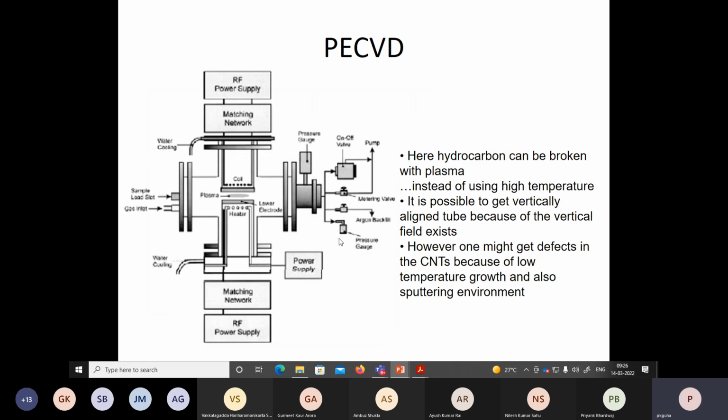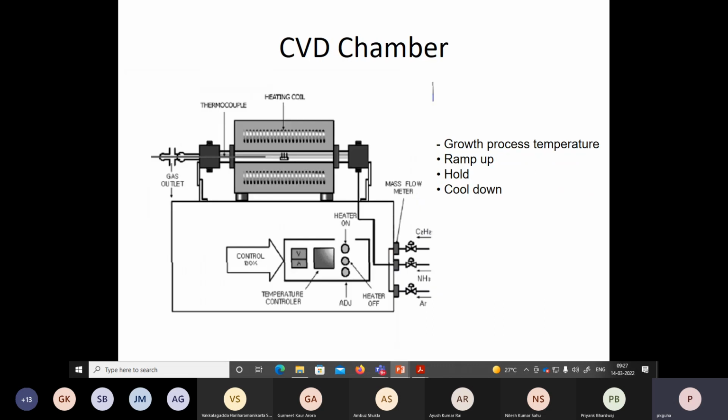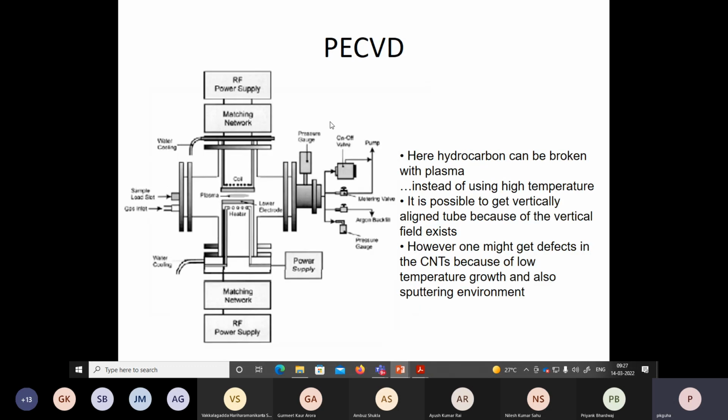So apart from the chemical vapor deposition technique, there is another technique known as PECVD, that is plasma enhanced chemical vapor deposition. In plasma enhanced chemical vapor deposition, instead of using very high temperature, here you use quite a high temperature, maybe 700 to 800 degrees centigrade. If you don't want to use high temperature, because the wafer or the substrate you are using might not be able to sustain that much high temperature, then in that case you use plasma enhanced chemical vapor deposition.